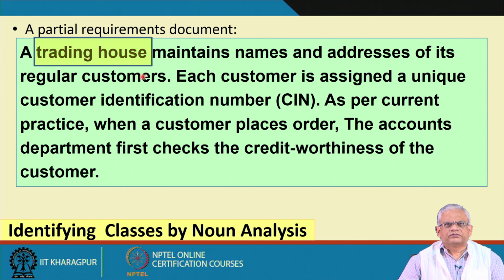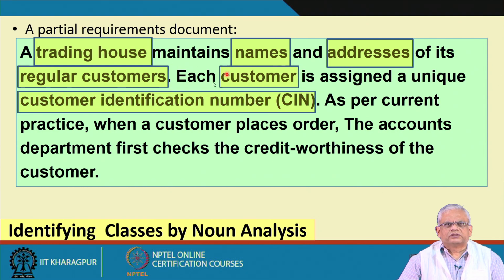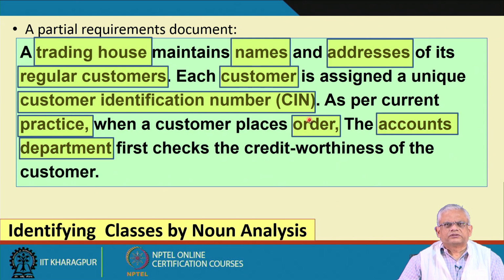Name is a noun, address is a noun, regular customer is a noun, customer is a noun, customer identification number is also a noun, practice is a noun, order is a noun, accounts department is a noun, credit worthiness is a noun, and customer is a noun.